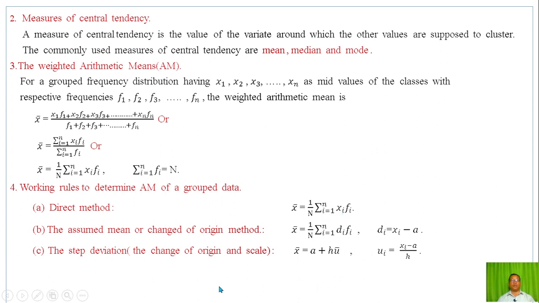So the direct method, the assumed mean or change of origin method, and the step deviation method, which is change of origin and scale, are the methods used to calculate the arithmetic mean.